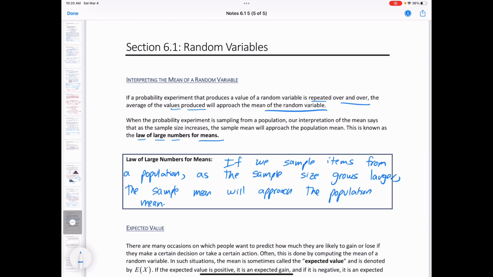The more computers you sample, the closer your average is going to be to 1.2.